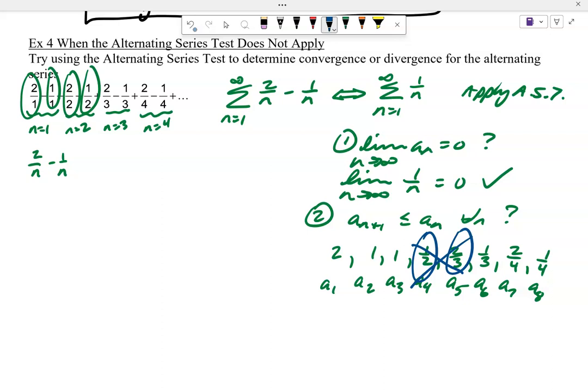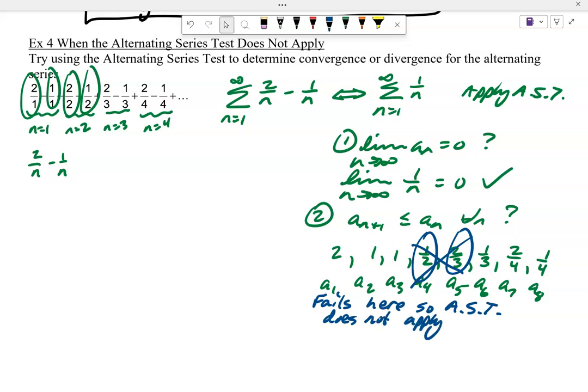So as soon as you get one that doesn't work, remember, it's got to work every time. So this is not true. So it fails here. So the alternating series test does not apply.